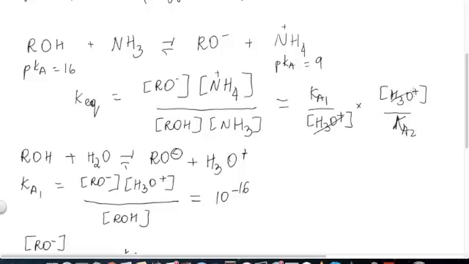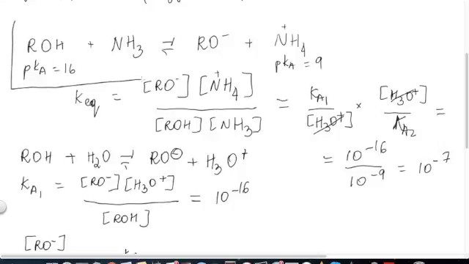The hydroniums cancel, and now it's the ratio of Ka1 over Ka2: 10 to the minus 16 over 10 to the minus 9. This will give you a value of 10 to the negative 7, which is less than 1. So we know that equilibrium favors the left-hand side.